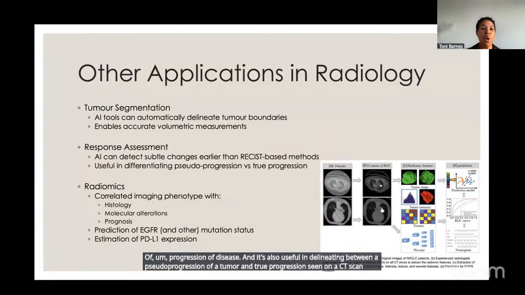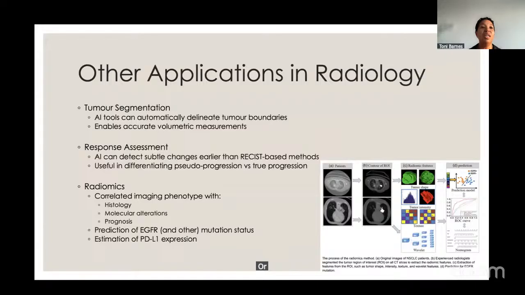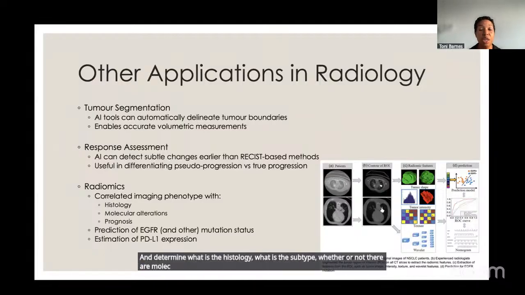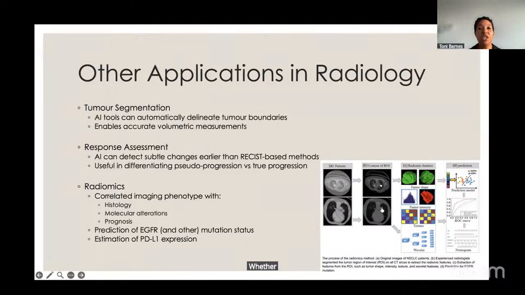We also now have the application of radiomics, which is when you're able to correlate an imaging modality like a CT scan or an MRI with a particular histology. So a radiologist can now look at an image, mostly CTs for lung cancer, and determine what is the histology, what is the subtype, whether or not there are molecular alterations, whether or not these patients are likely to be EGFR positive, and so on.